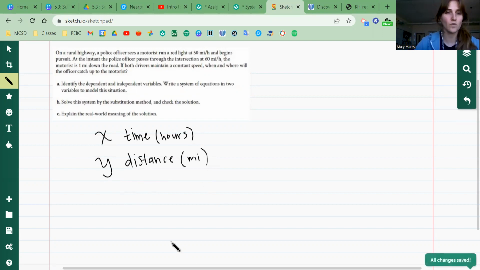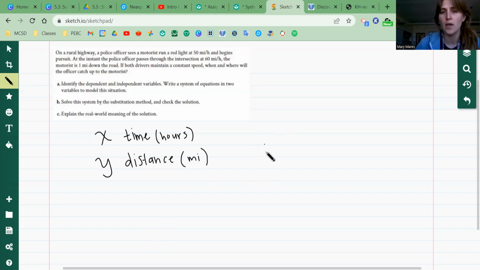Okay, so we need to now write a system of equations for these two vehicles. There's the motorist and there's the police officer. So let's look at the motorist.